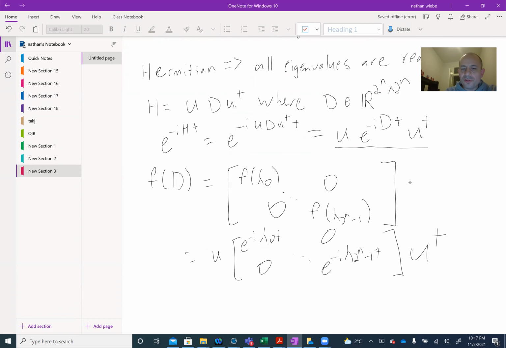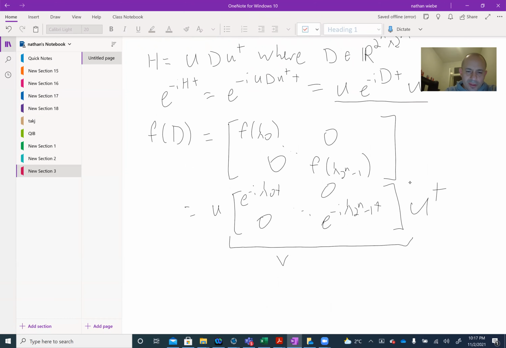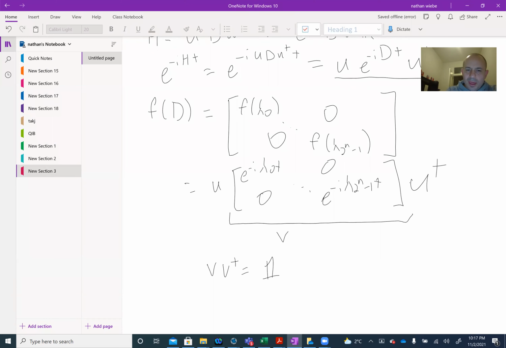Now, just looking at this, if we define this over here to be V, it's very easy to see that V times V dagger is equal to identity. Therefore, if we multiply U V U dagger times U V U dagger, we get U V U dagger U V dagger U dagger.